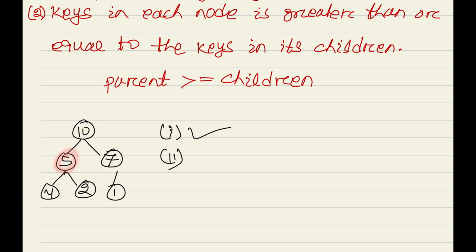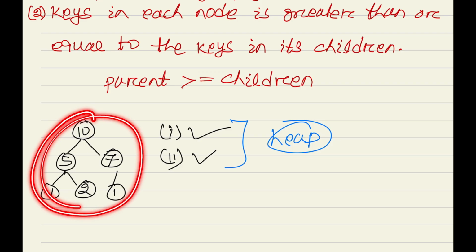Now 5 is greater than 4 and 2, its children, so it is also okay. 7 is greater than its child 1. So, the second condition is also satisfied. Both conditions are satisfied, so we can say this is a heap.